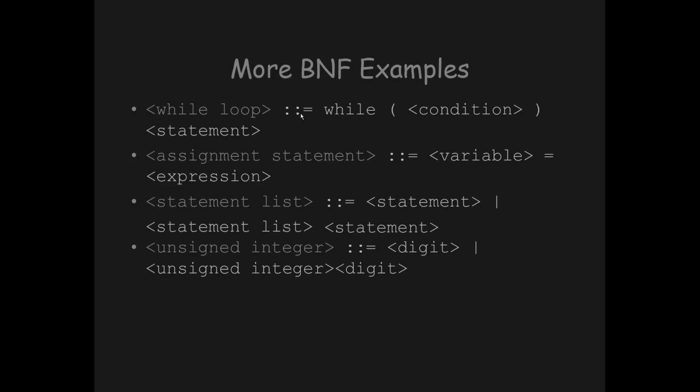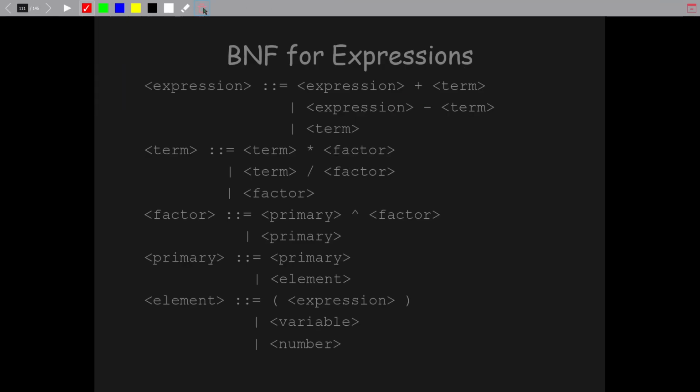Here are some more examples. First one is the while loop, which you can say, for example, W produces the symbols W, H, I, L, E, the symbol left parenthesis, and then this variable condition, which you can see it's capital C or whatever, and so on. Okay.